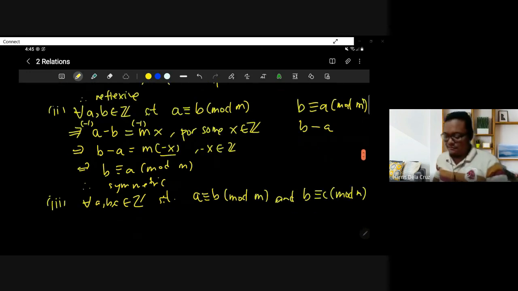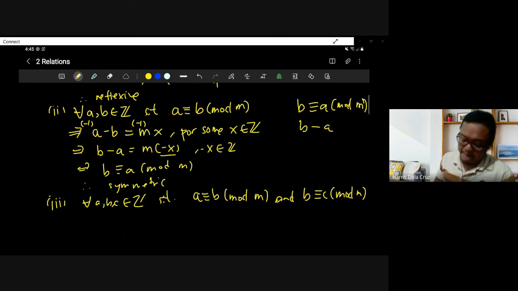We want to show that A is congruent to C mod M. So, let's go back to the definition. Kung meron kang A congruent to B, ibig sabihin, ang A minus B ay equal sa M times some number X for some X.